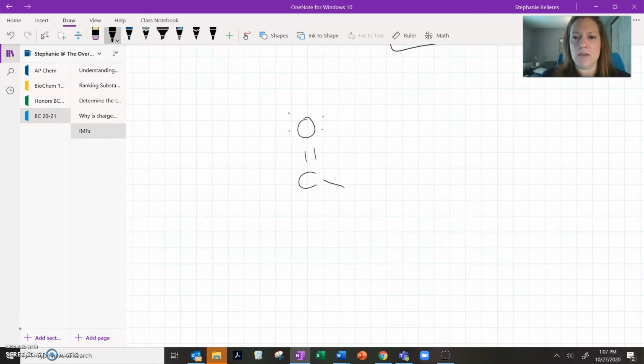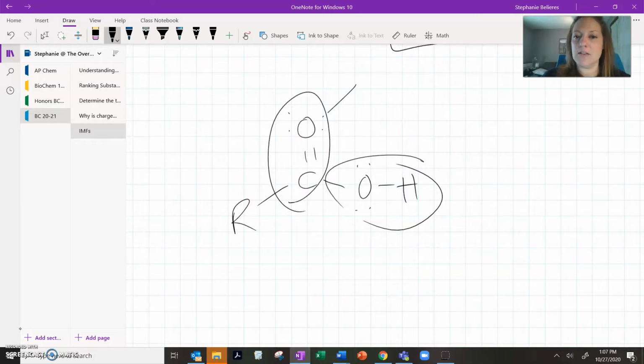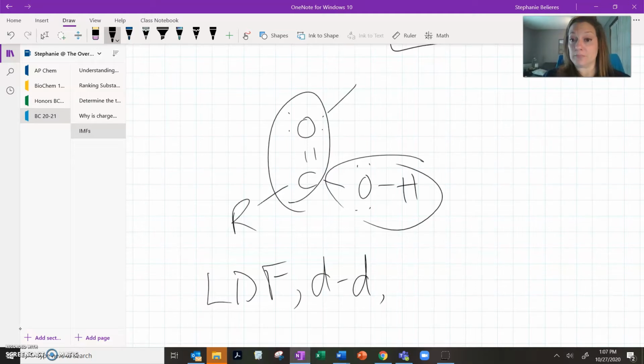And I have this. It's a carboxylic acid. So bam, I have a dipole because that's a polar bond, and I have a hydrogen bond. And whatever's else over here is engaging in London dispersion forces. Everything is. So if I were to give the intermolecular forces for this substance, I would say LDFs because it has electrons, check. It has a dipole, so dipole-dipole, and it has a hydrogen bond.